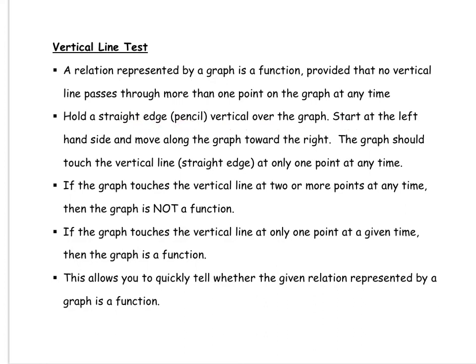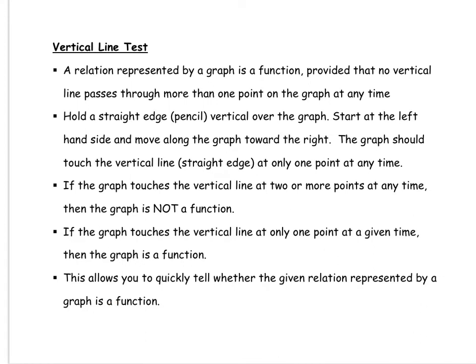Start at the left-hand side and move along the graph toward the right. The graph should touch the vertical line at only one point at any time. If the graph touches the vertical line at 2 or more points at any time, then the graph is not a function. If the graph touches the vertical line at only 1 point at a given time, then the graph is a function. This allows you to quickly tell whether the given relation is a function.